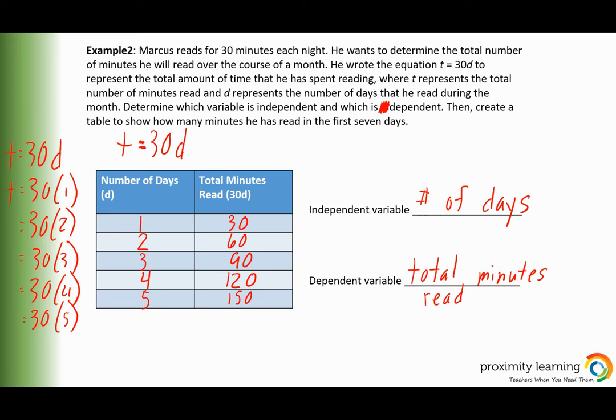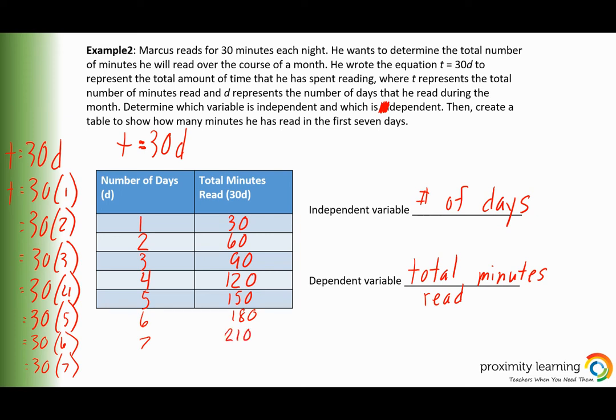So there is our table to show how many minutes he has read in the first 7 days. We still have to go through 7 more days, even though we only have 5 rows. So 30 times 6 equals 180. 30 times 7 equals 210.